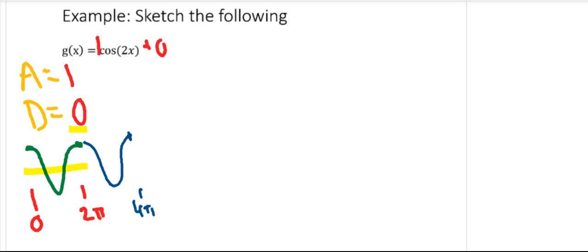So the numbers inside the parentheses are going to change how long it takes to repeat and where it starts. I'm going to call it the start and the end point. That's going to be our two things, the start versus the end point.